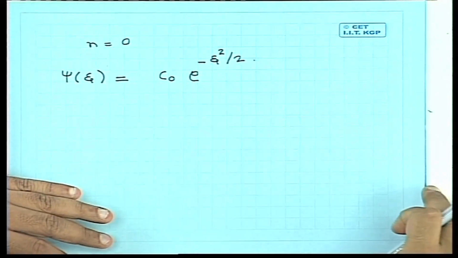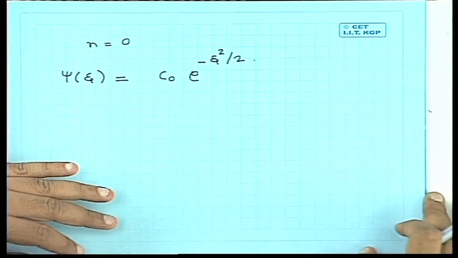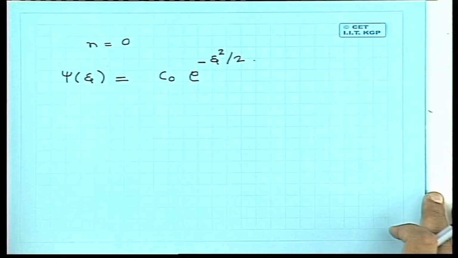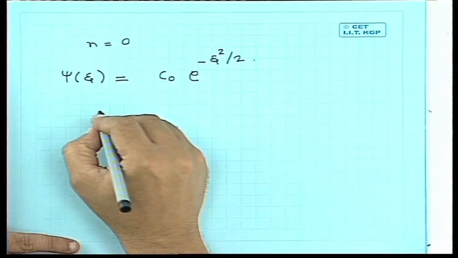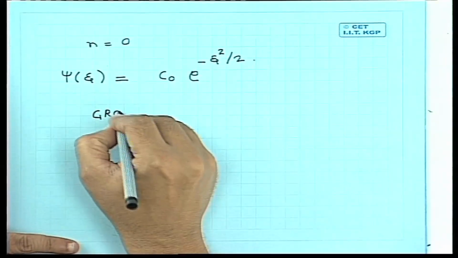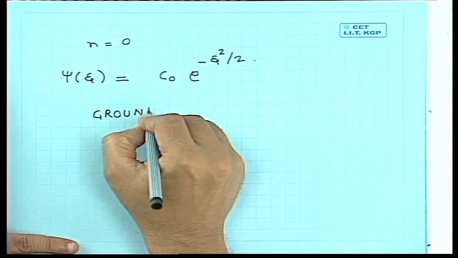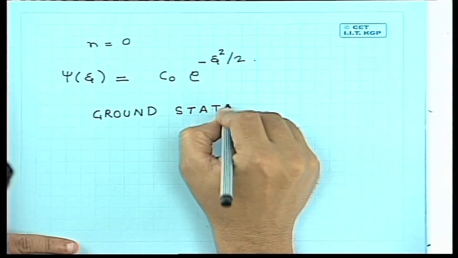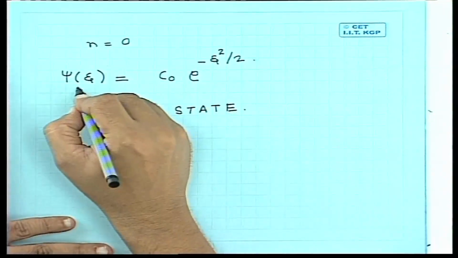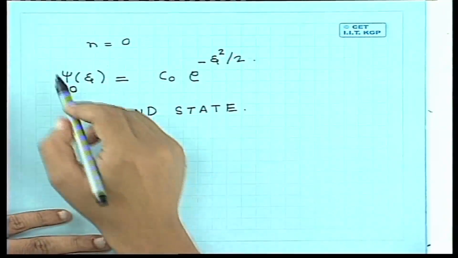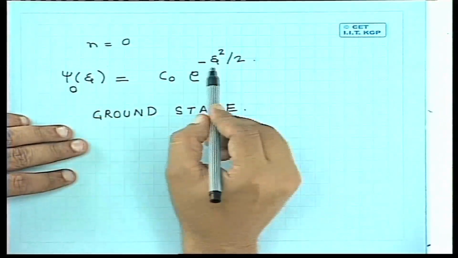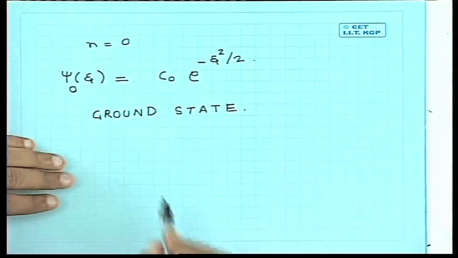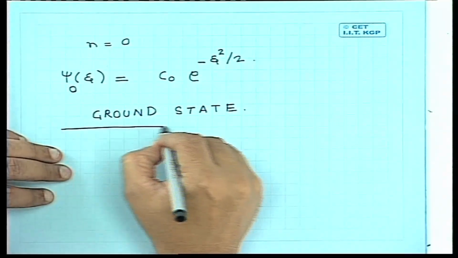This is the wave function of the ground state of the simple harmonic oscillator, called the ground state wave function, psi 0, where the value of n is denoted in the subscript.